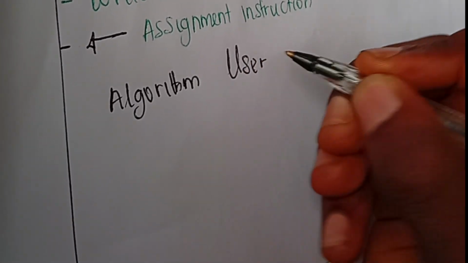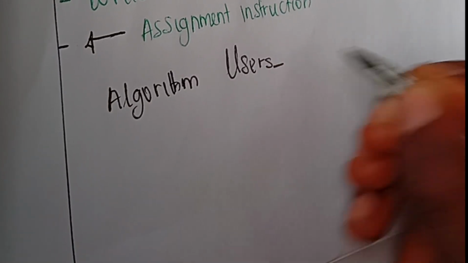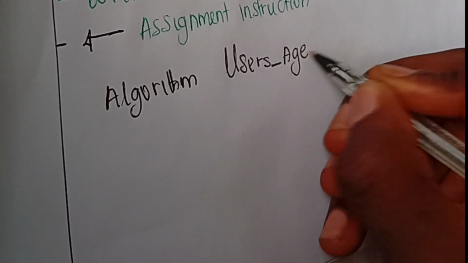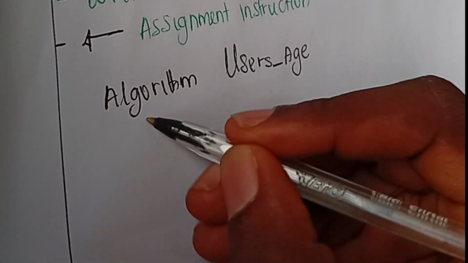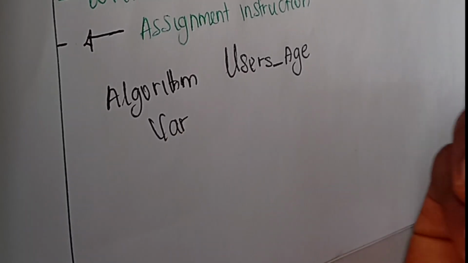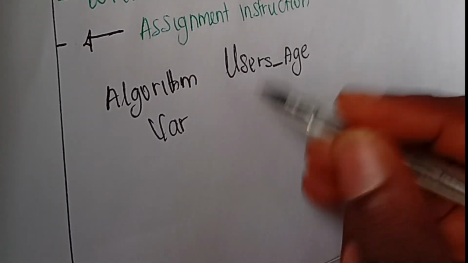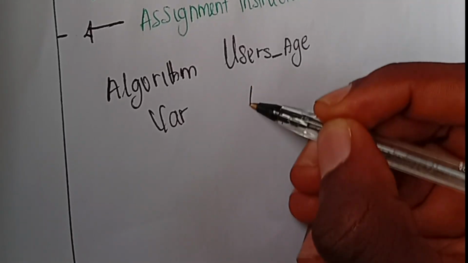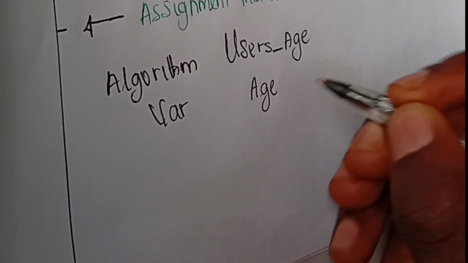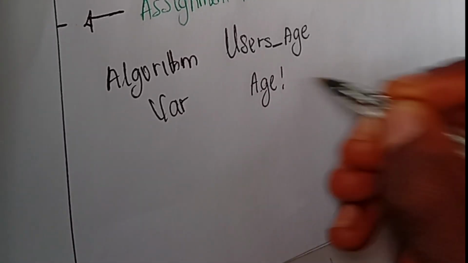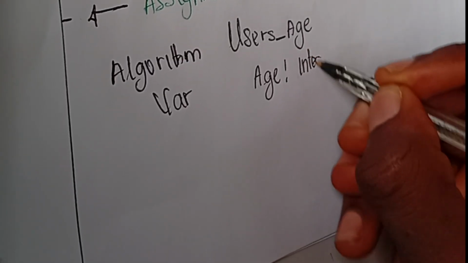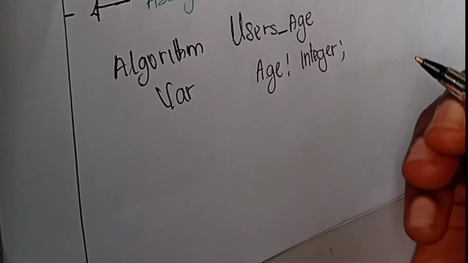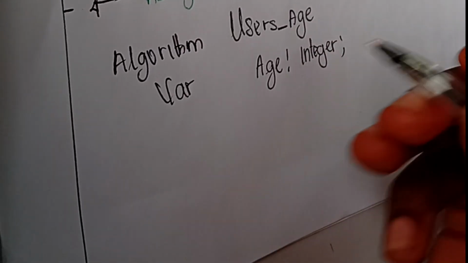So we'll call our algorithm users age. Remember, an algorithm name cannot have a space. Now we define our variable as in our general syntax. The variable we're going to be using is age, and its data type is an integer. Integers are numbers, so at the end we always need to have the semicolon.